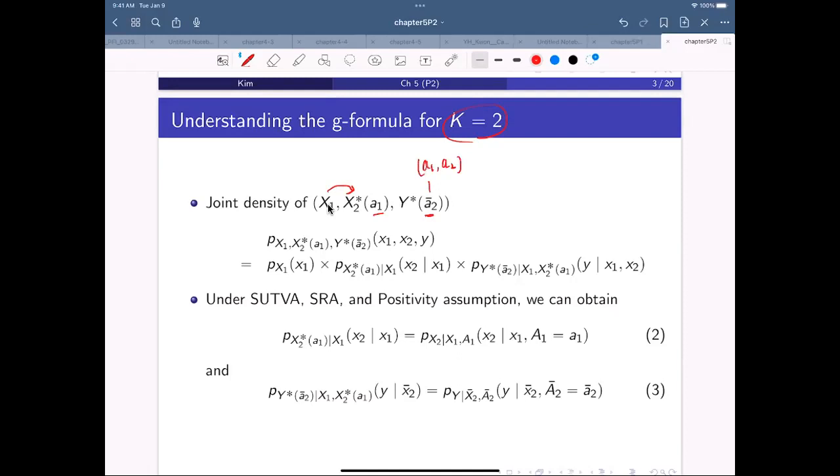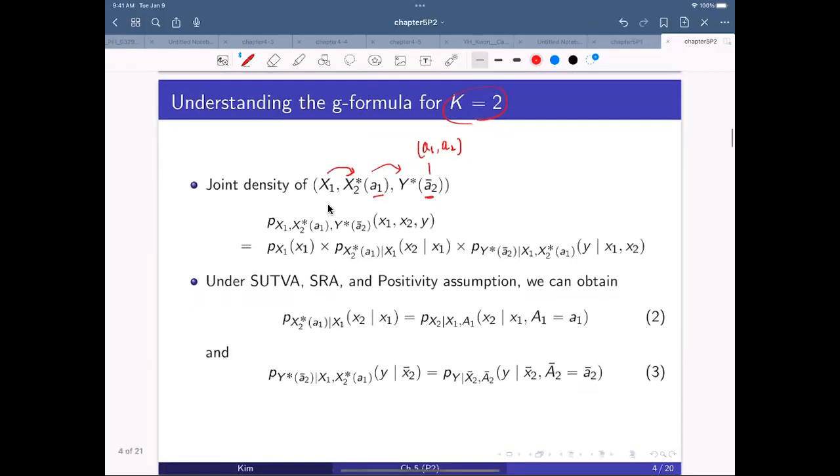So this is a joint density, and then these are the conditionals. The joint density is factorized into the margin of X1 and then the conditionals. That's straightforward probability.